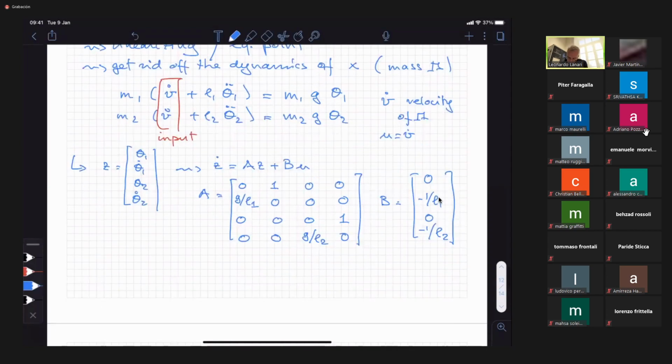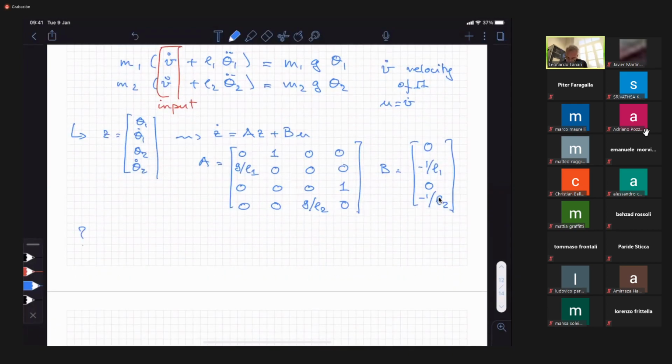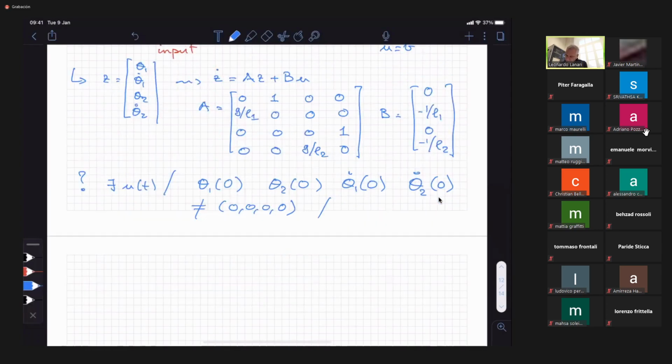Okay, now the question is: is there a control input U of t such that, starting from initial conditions theta 1, theta 2, theta 1 dot, and theta 2 dot different from 0, it brings the system to the equilibrium point?